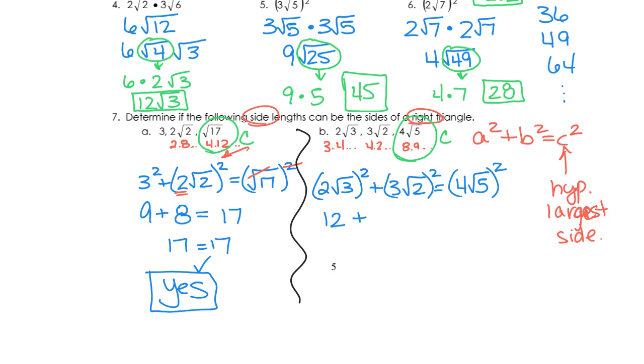Go back up, grab the decimal, square it. Okay? This is 18. You can go back up, grab the decimal, and square it. Okay? And this one is 80. If I add 12 and 18 together, I get 30, and we can see that 30 is not going to be equal to 80, so we slash our equal sign, and the answer to our question, can these be the sides of a right triangle, is no.